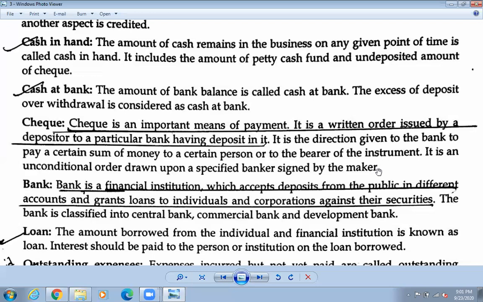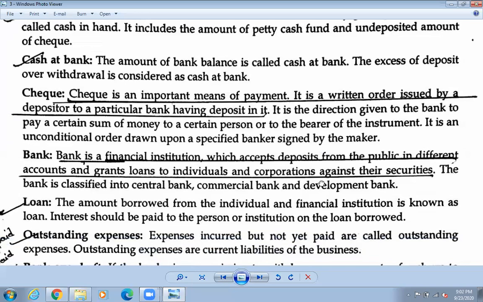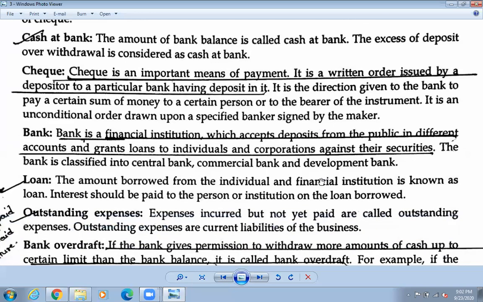If it is too urgent, I need to write down the check and give it to him or her immediately. So it is an unconditional order drawn upon a specified banker, signed by the maker. You need to do your signature, and it should be appropriate, your exactly correct signature. If it is a forged signature, then it is not going to work, right?